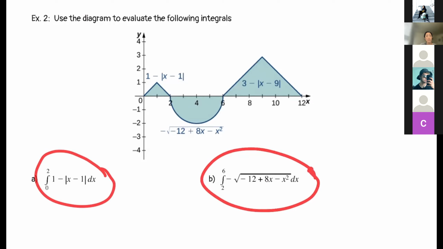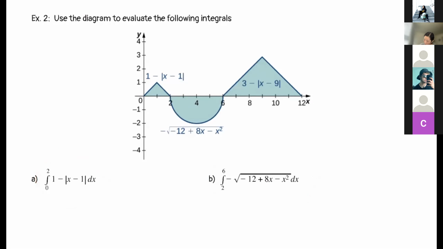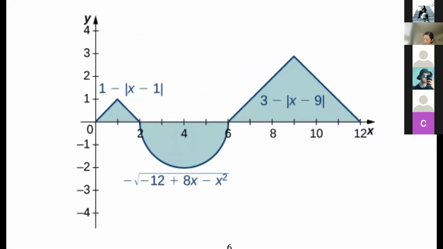Like I don't want to do these using algebra, okay? So we are going to instead use the fact that we know a lot about area. We're going to use area to solve these problems, okay? So let's begin.